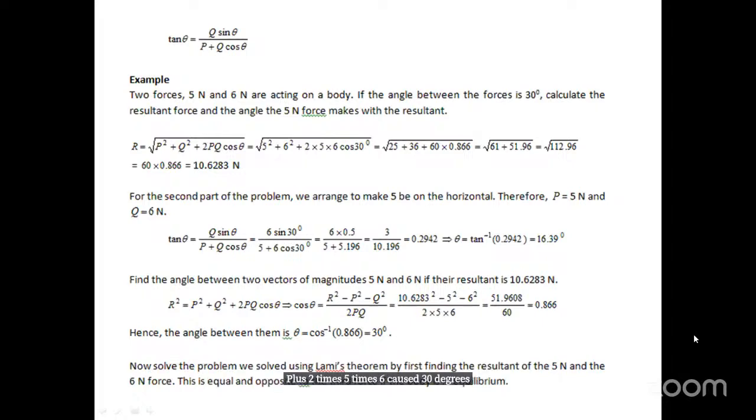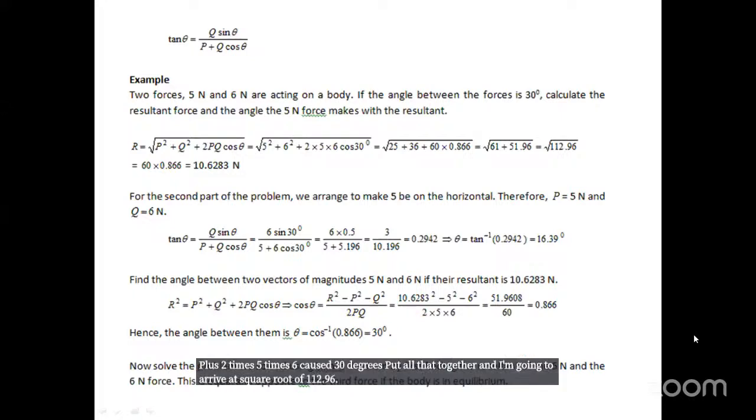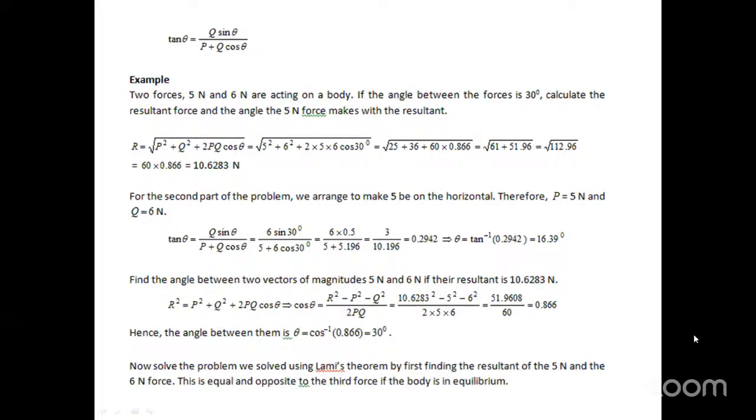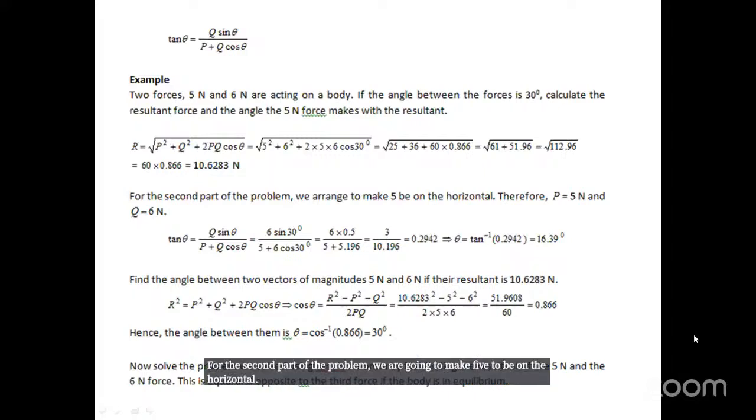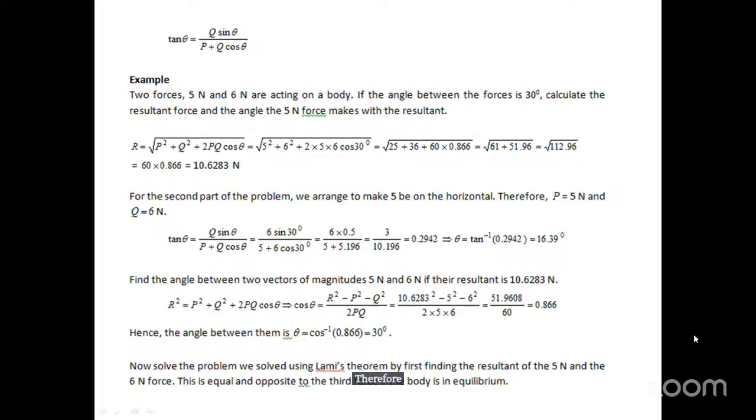Put all that together and we arrive at the square root of 112.96. That will give you 10.6283 newtons. For the second part of the problem, we arrange to make 5 be on the horizontal. Therefore, P is 5 newtons and Q is 6 newtons.